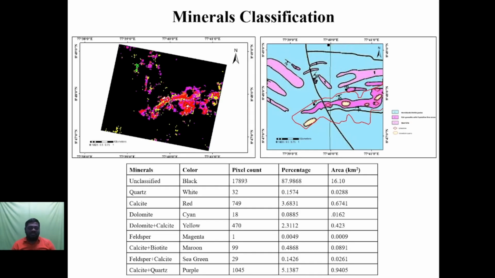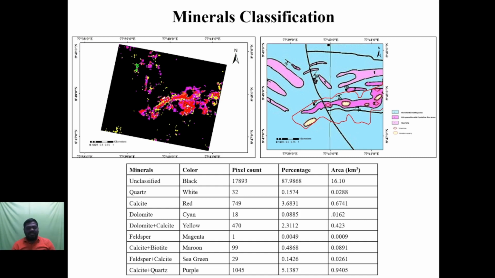And next, this is our final output. In that, we will get the mineral classification. In this mineral classification, we can see some red pixels and black, red, cyan, yellow, magenta, a lot of colors. In the left side figure, we developed our own mineral composition, and the right side figure is already developed for that area.